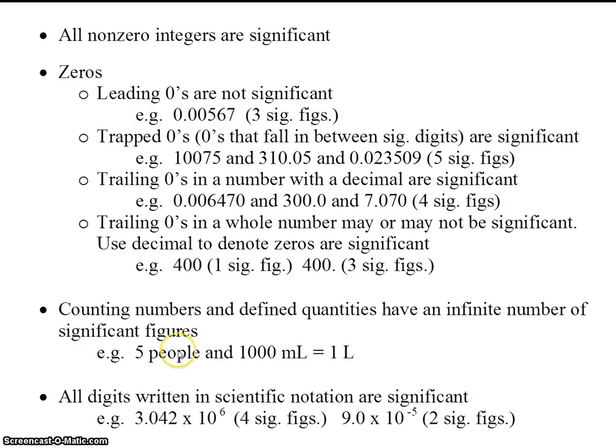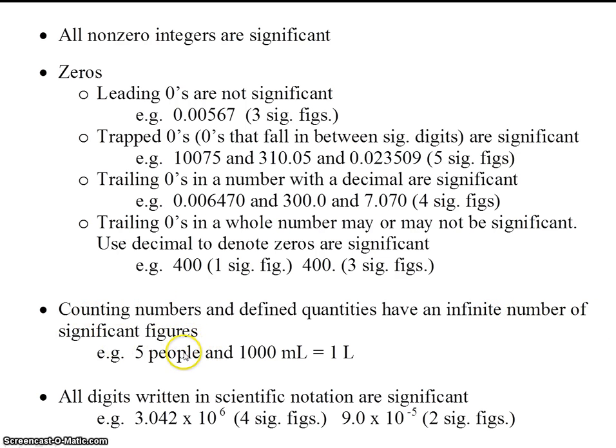All right, this probably won't come as a surprise to you, but counting numbers, like 5 people, and defined quantities, or definitions, like 1,000 milliliters equals 1 liter. I mean, this is the definition of what a liter is. So counting numbers and defined quantities have an infinite number of significant figures.